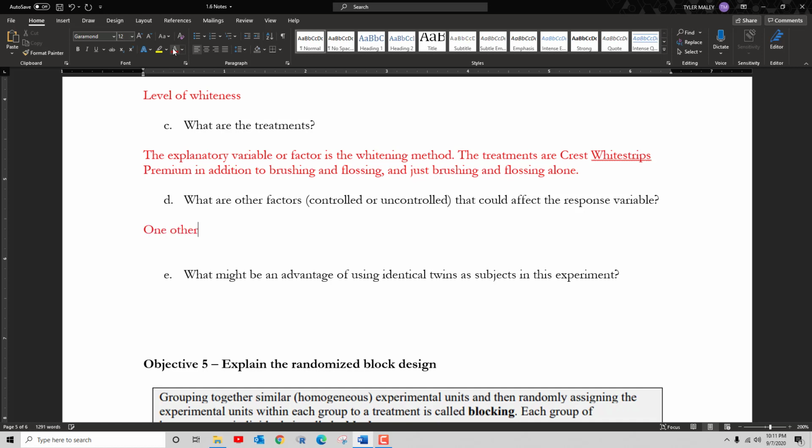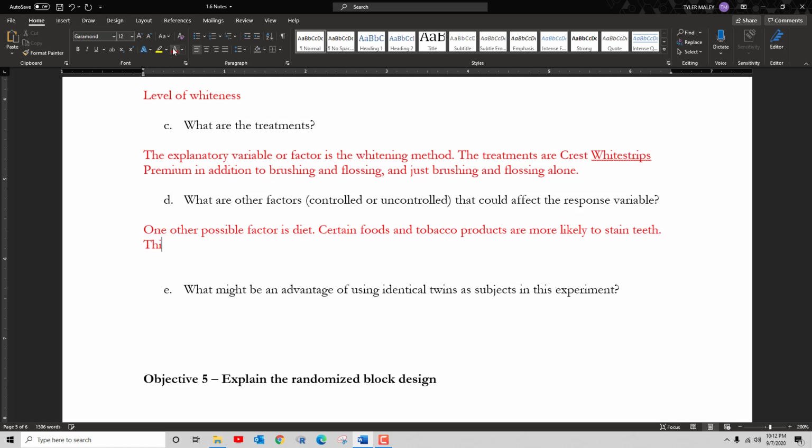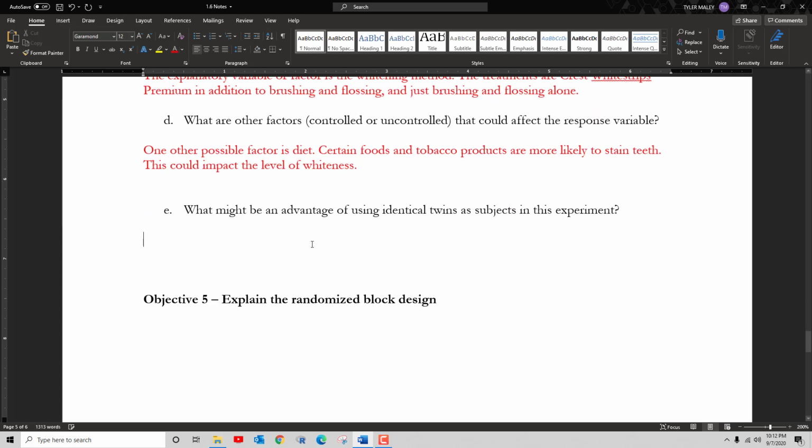So one other possible factor is diet. Certain foods and tobacco products are more likely to stain teeth. This could impact the level of whiteness. Right, so something else to keep in mind.